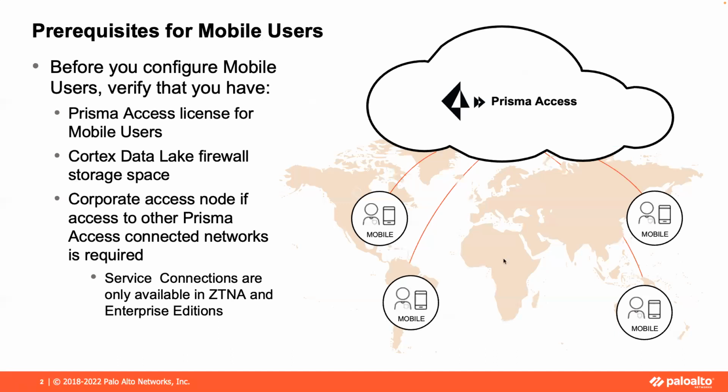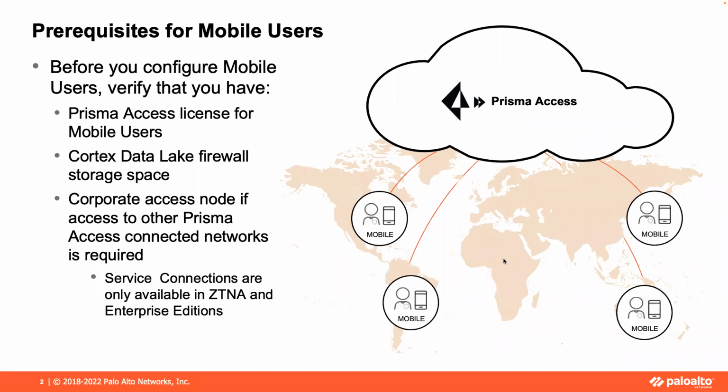So the prerequisites, the things you've got to have in place before you do Prisma Access for mobile users, is, well, you've got to have the correct license. And we have different licensing models that either do or do not include mobile users.